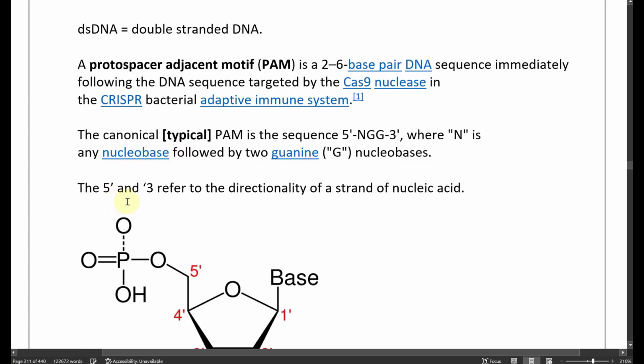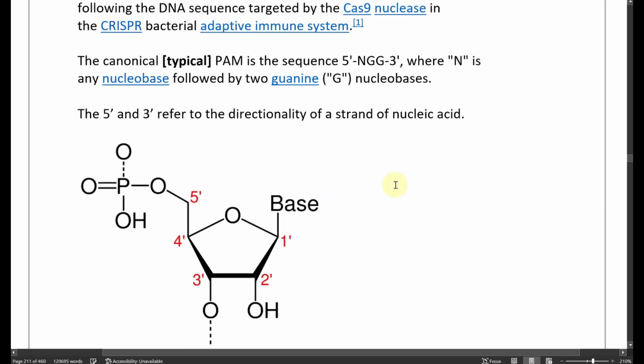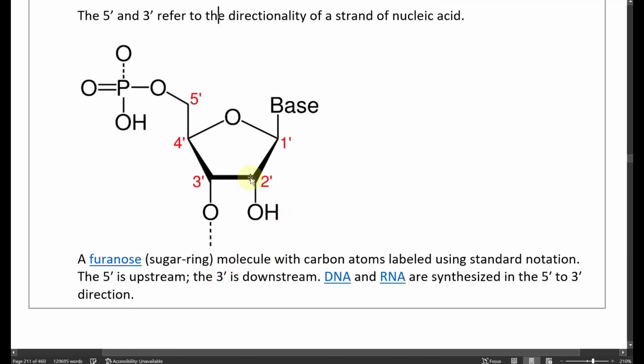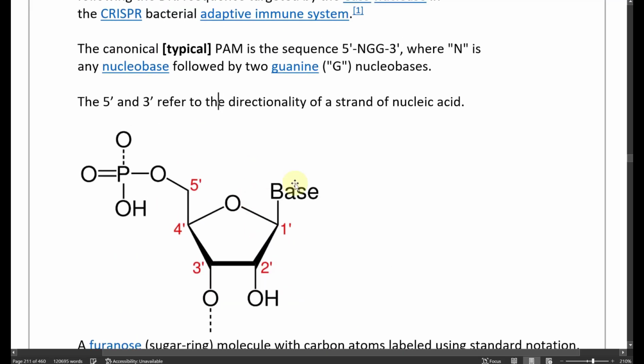And again, note the 5' and 3' ends refer to the directionality. The 5' and 3' refer to the directionality of a strand of nucleic acids, and it's about the backbones set up here. So there's nucleobases. This one is for hydrogen bonding, like that, to the other base.